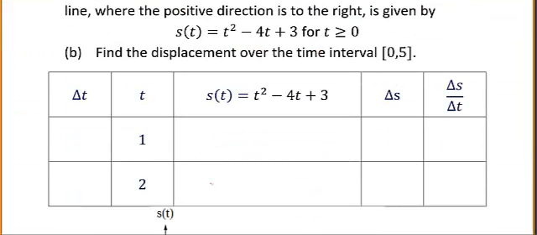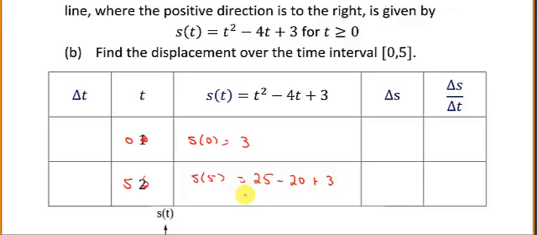Let's take the same function, but now let's look at the position from 0 to 5. So at time t is equal to 0, s of 0, without too much ado, is going to be 3. S of 5 is going to be 5 squared, 25, minus 4 times 5, 20, plus 3.